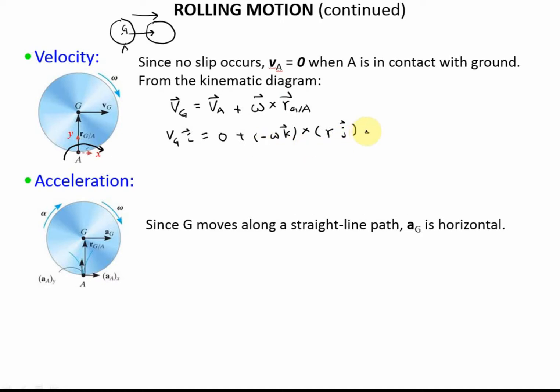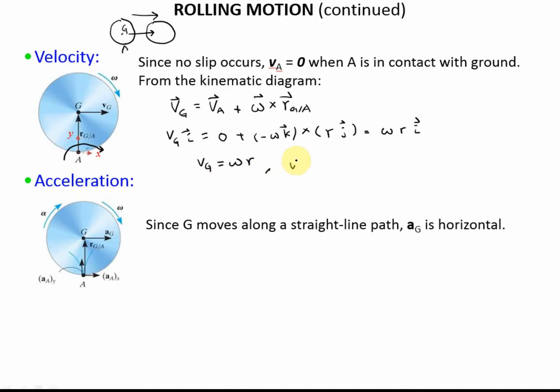K cross j is i, so the result is omega R i. So we know that Vg can be determined by omega times R.